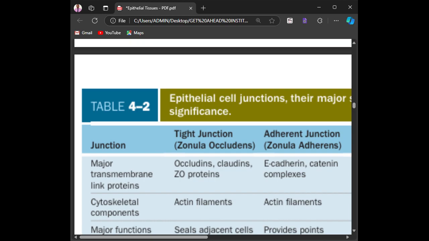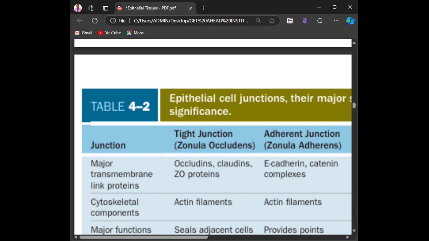And apart from that, we're talking about specialized structures of the plasma membrane that provide channels for ionic and metabolic coupling. So when we're talking about cell junctions, these are not just restricted to epithelial cells.